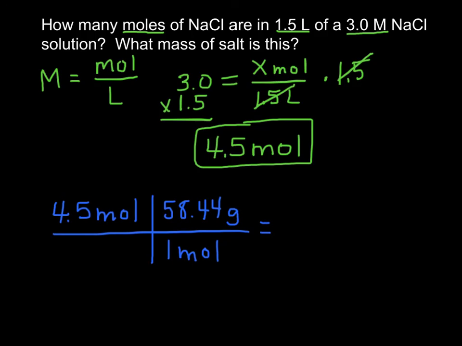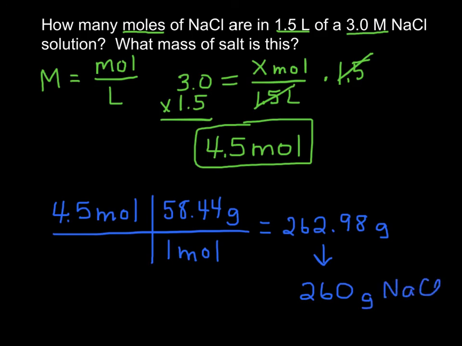Multiply across. Calculator shows you 262.98, but we need 2 sig figs. Start at the big end of the number. Keep the 2, keep the 6. The 2 next to it says round down, so this becomes 260 grams of NaCl.